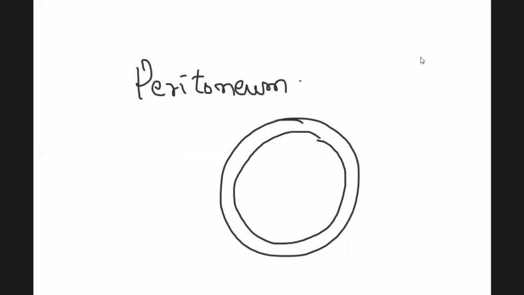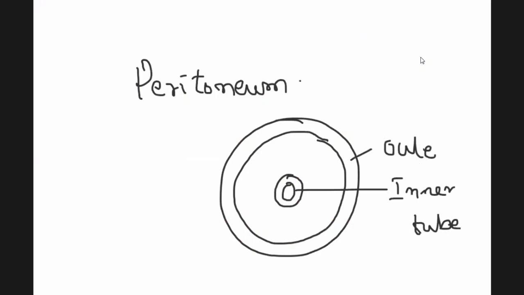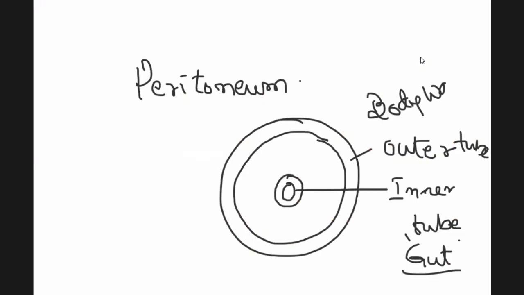If you cut any animal with a true coelom, this is the inner tube and this is the outer tube. Tube within tube organization, one tube inside another tube. The inner tube is the gut, the alimentary canal. The outer one is the body wall with the skin and muscles.